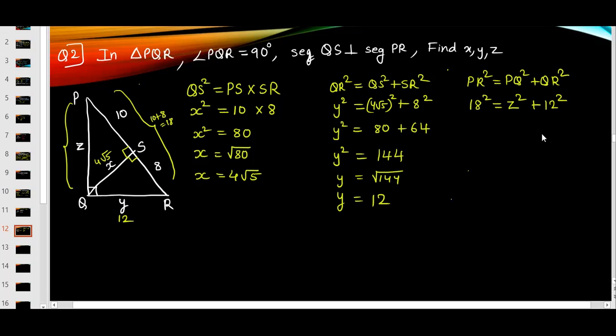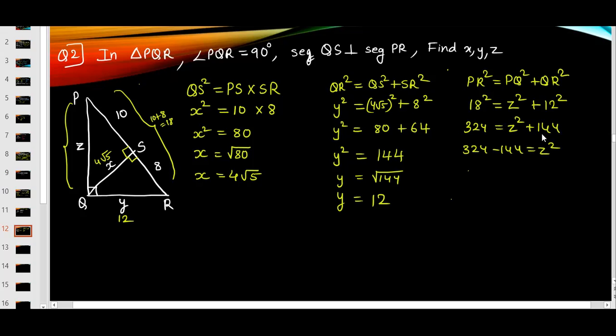These are the values which we got earlier. 18 square is how much? 324 equals Z square plus 12 square, which is 144. 324 minus 144 equals Z square.